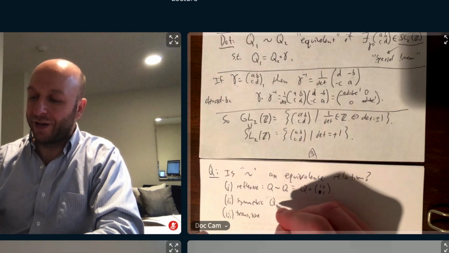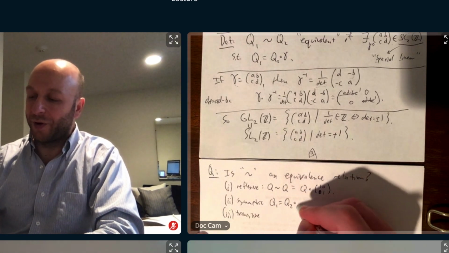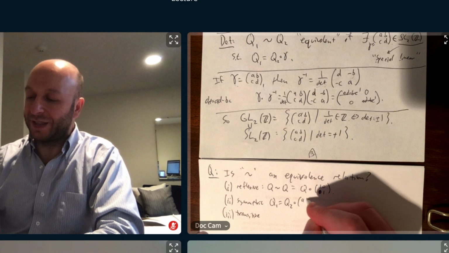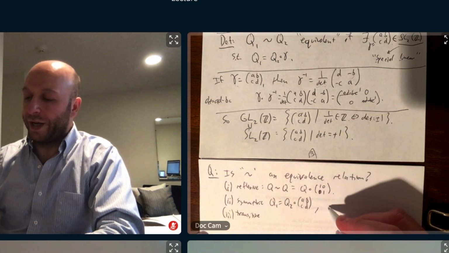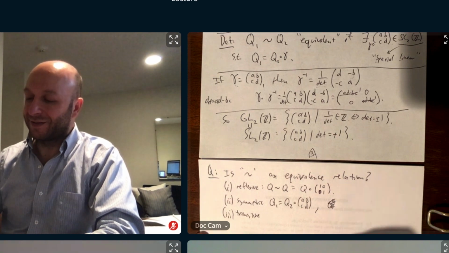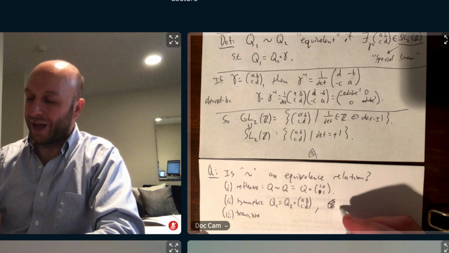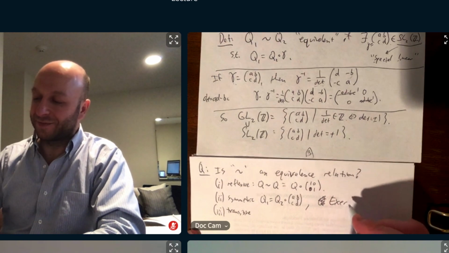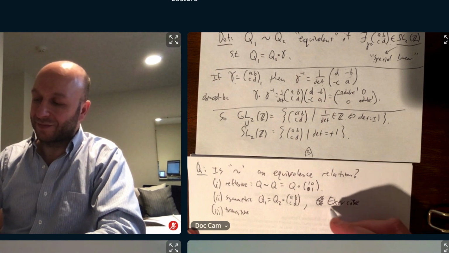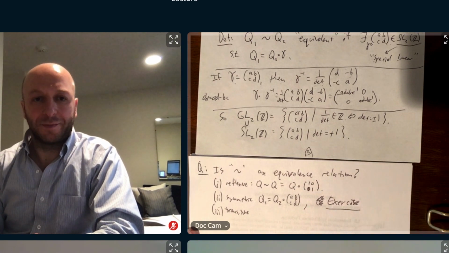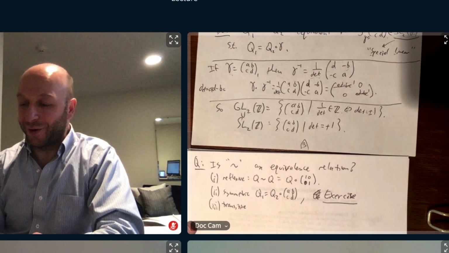If Q1 is equal to Q2 composed with A, B, C, D, so let's make this an exercise. Yes, because it's invertible.